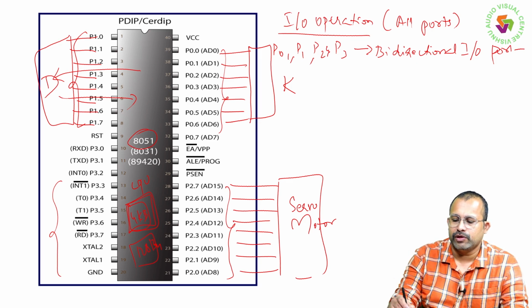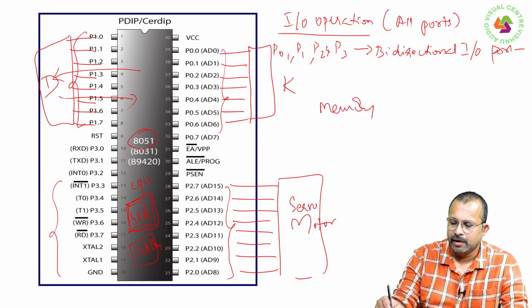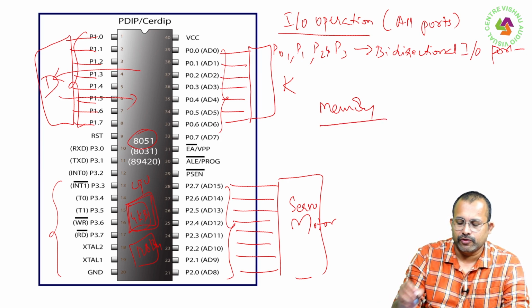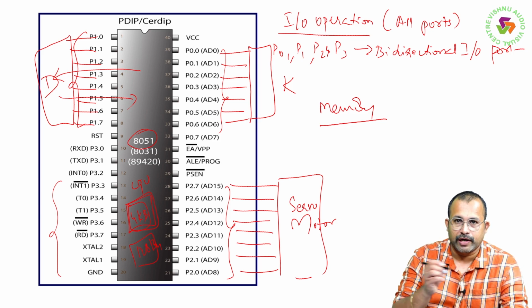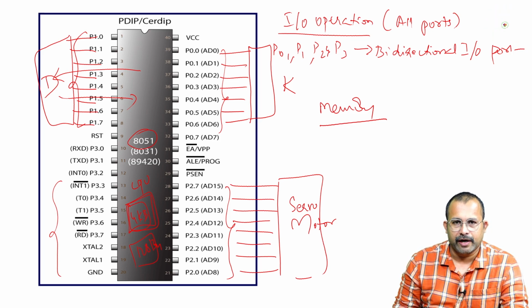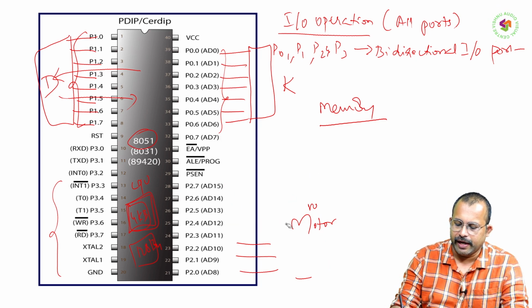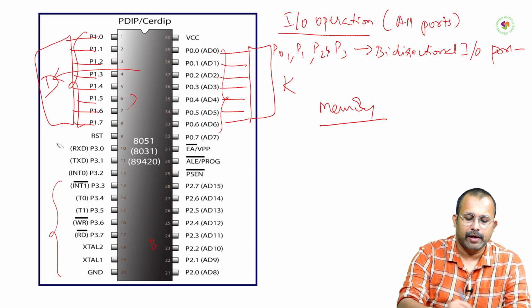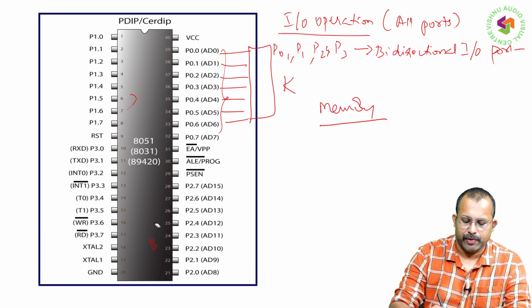For these memory operations, 2 ports will be exclusively given. What are they? From the pin description diagram of 8051, you can easily understand that port 0 and port 2 are particularly used for memory operations.